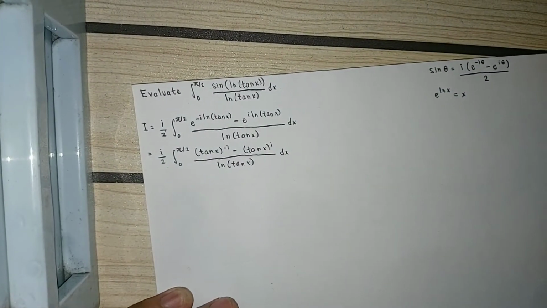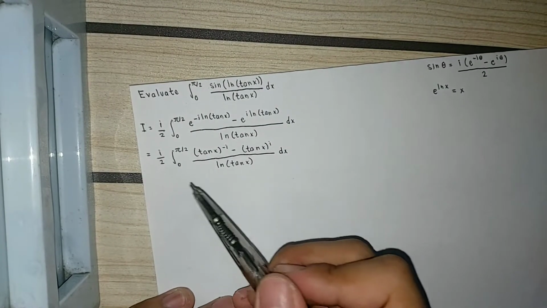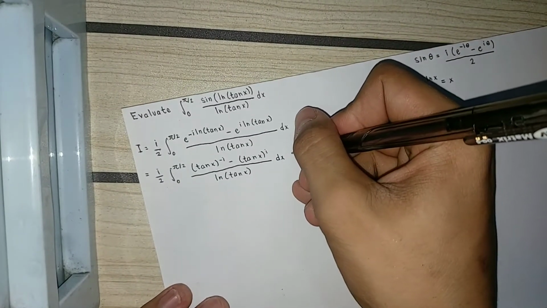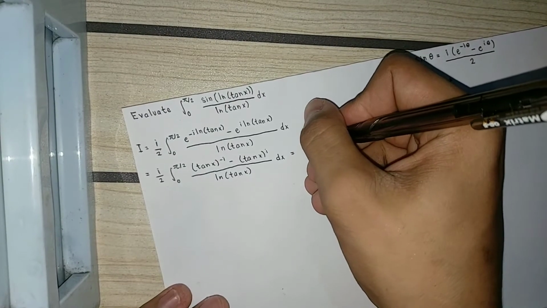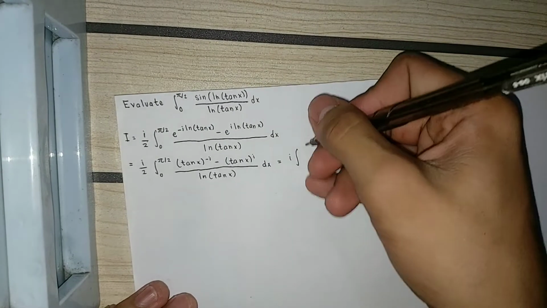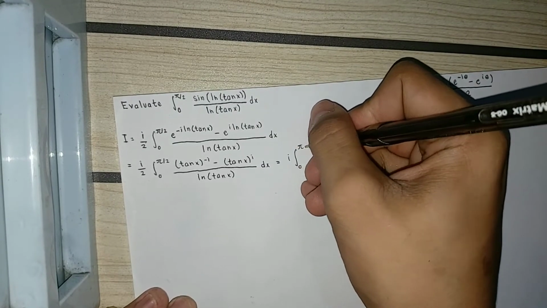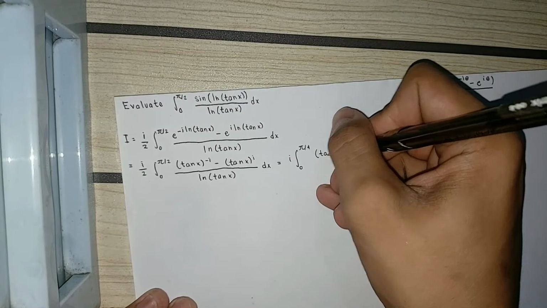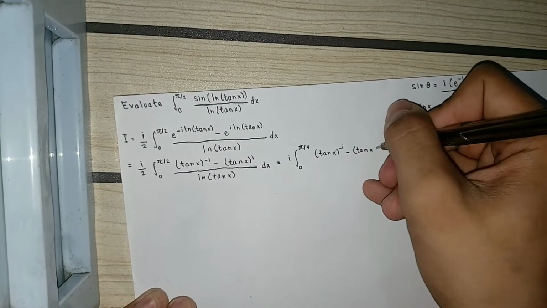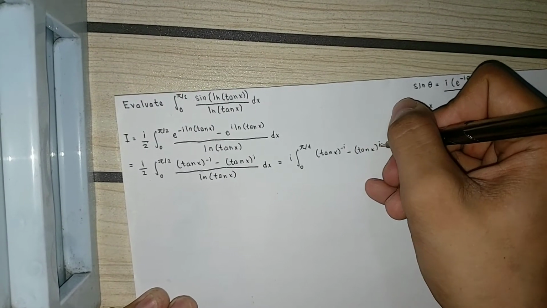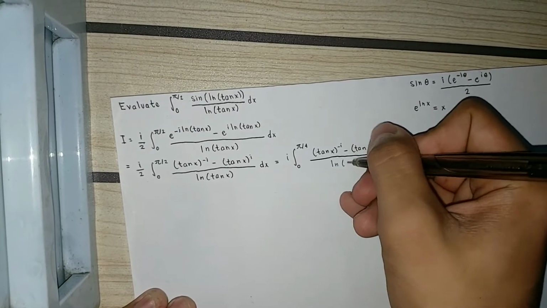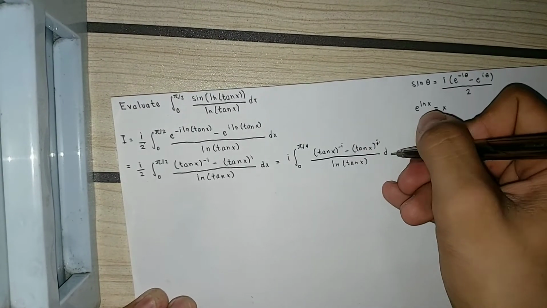So by symmetric property, we could also say that this integral is also equal to i times integral from 0 to pi over 4 of tangent x raised to negative i minus tangent x raised to positive i, over natural log of tan x dx.